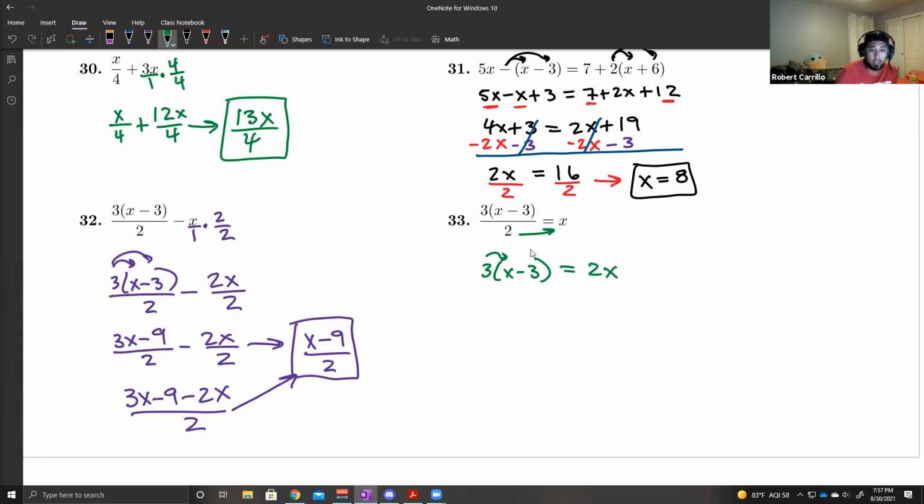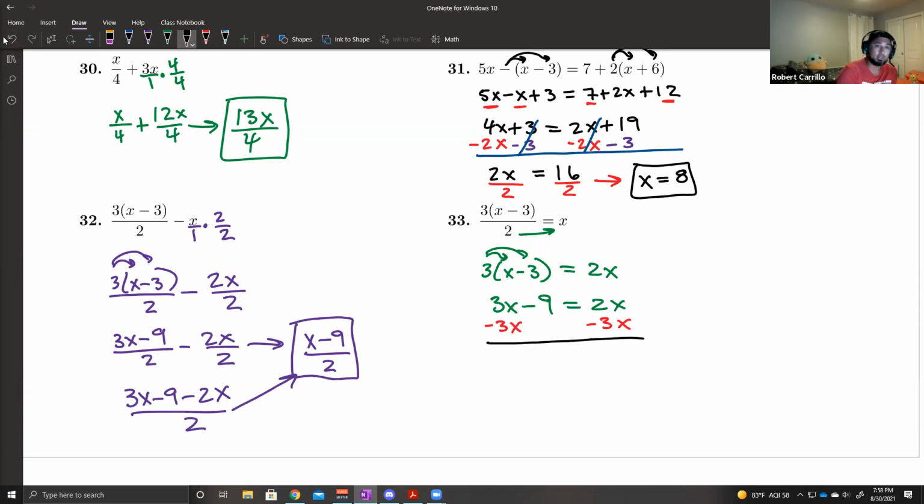Distribute that: 3x minus 9 equal to 2x. And then I'll move this 3x to the right side. Why not? Since the x is over there already. I'll say minus 3x, minus 3x.